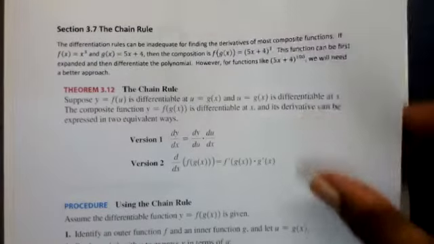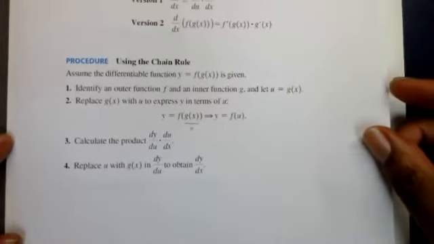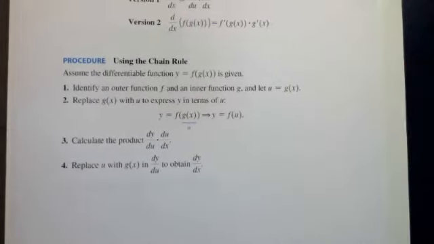So if I use the first version, version number 1, here's the procedure for that. Here we're going to assume the differentiable function y equal to f of g of x is given. Number 1, we want to identify an outer function f and an inner function g, and let u equal the inner function g of x.